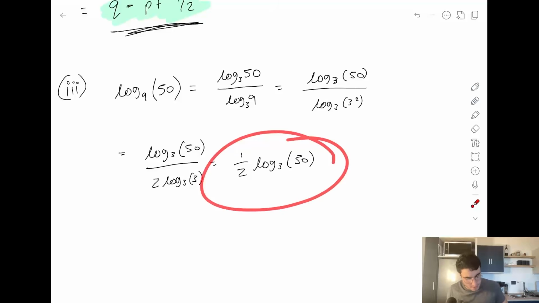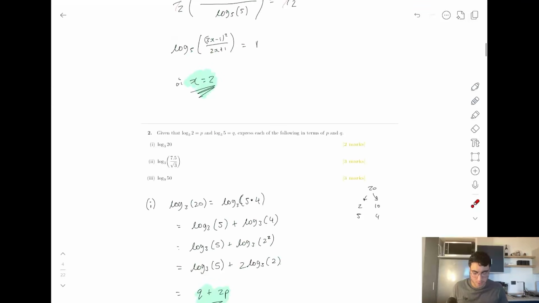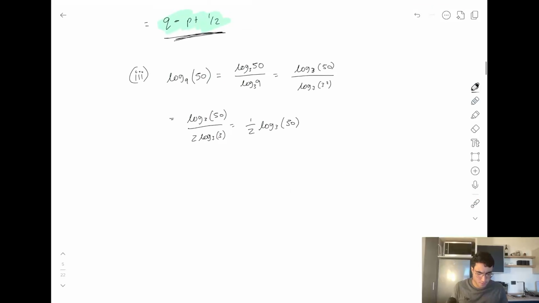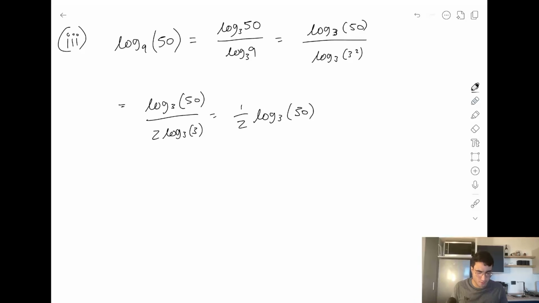So we're getting somewhere. Now we just need to figure out a way to get this 50 into some kind of expression involving log 3, 2 and 5. Well, that actually might be easier than we think, because what we get here is a half log 25 times 2.